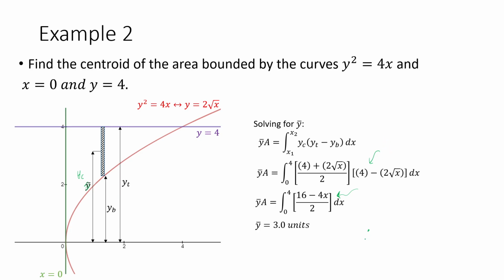So again, try to write the final answer as bar x and bar y equal to 1.2 and 3.0, because it's asking for the centroid. Alright, so that would be for the vertical strip.